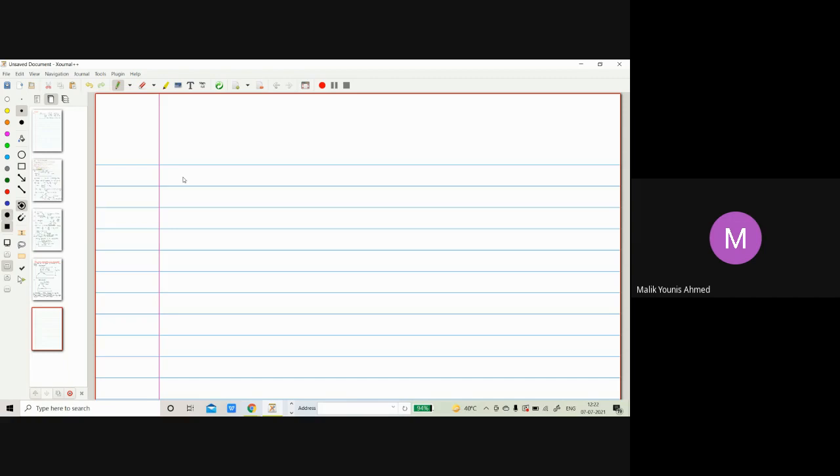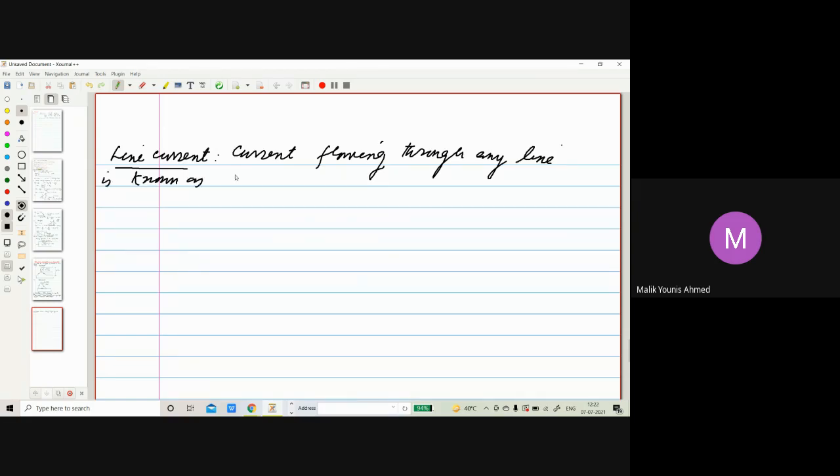So line current is current flowing through any line is known as line current. So very simple.